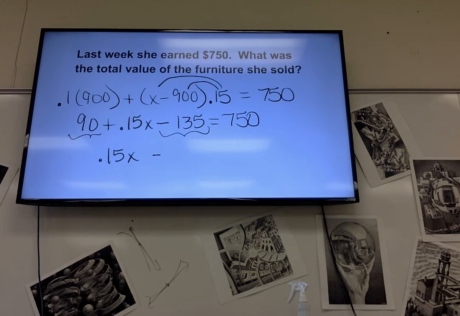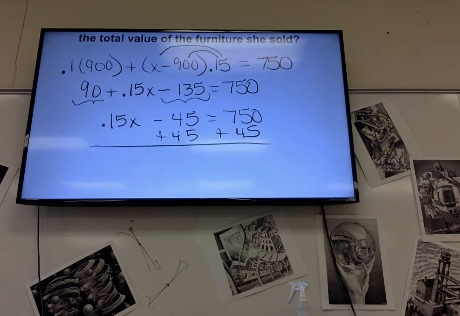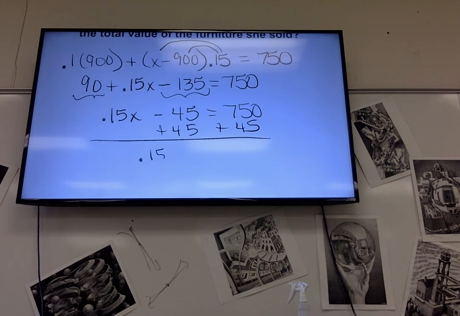So what's 90 minus 135? How do I solve this? Plus 45? Yep. So 0.15X equals 795.